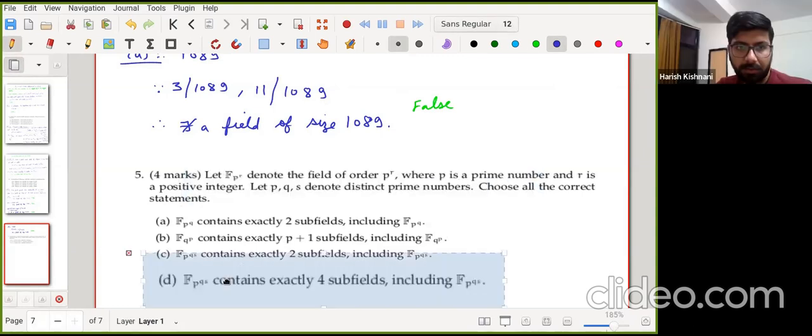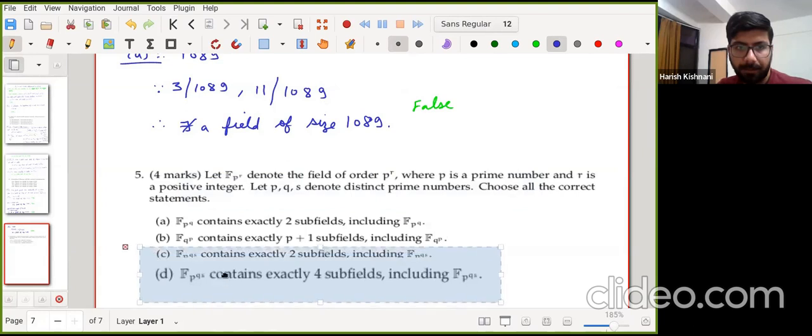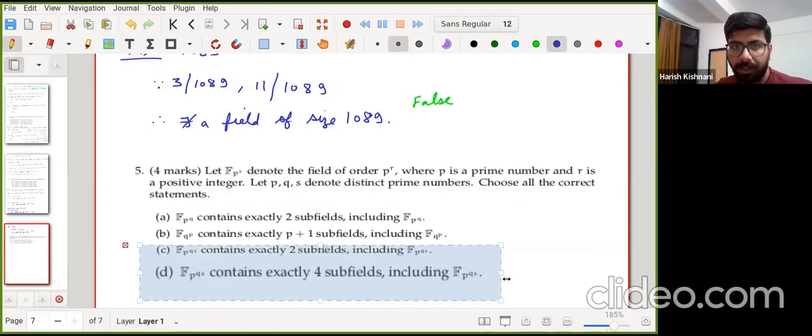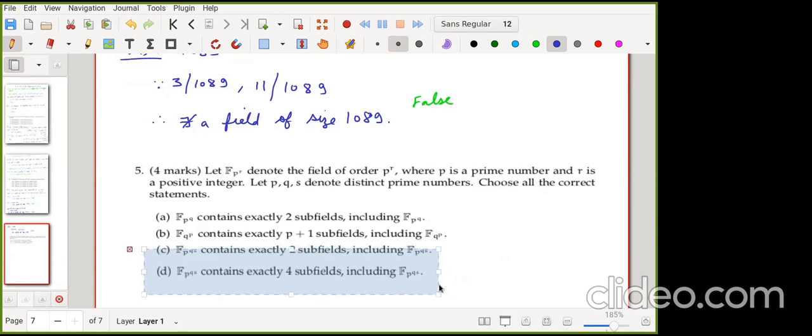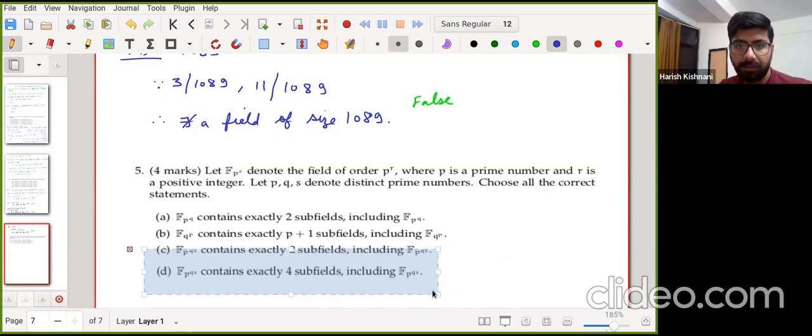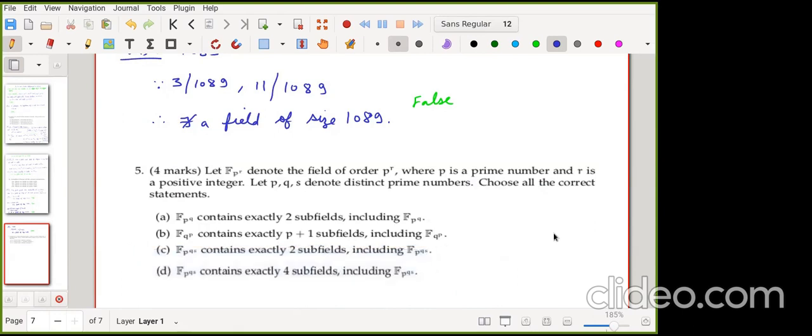Here it is. So it says: let F_{p^r} denote the field of cardinality p^r, where p is a prime and r is a positive integer. p, q, s denote distinct prime numbers. Choose all the correct statements.